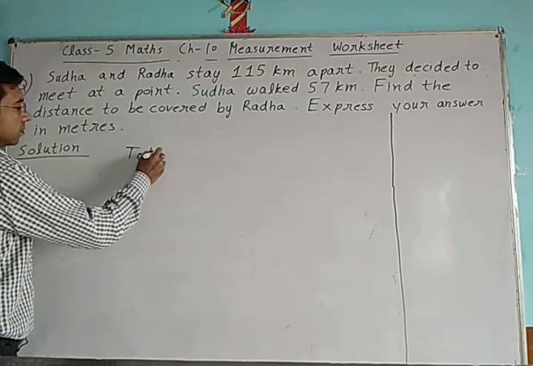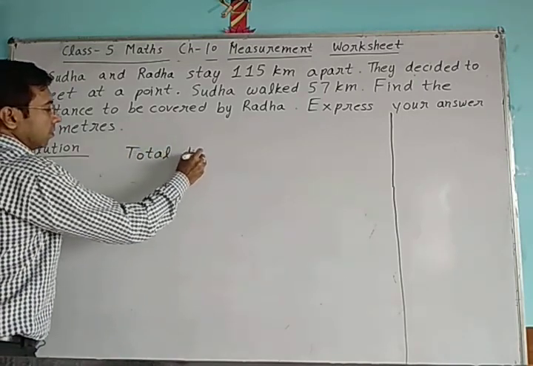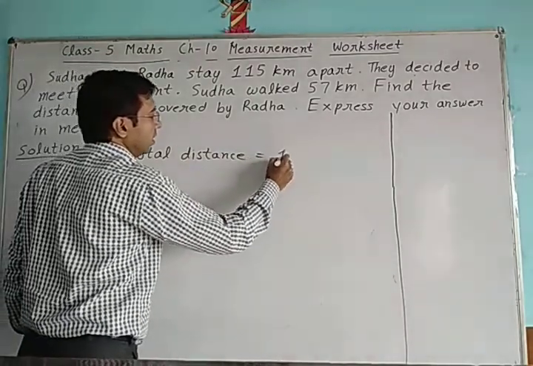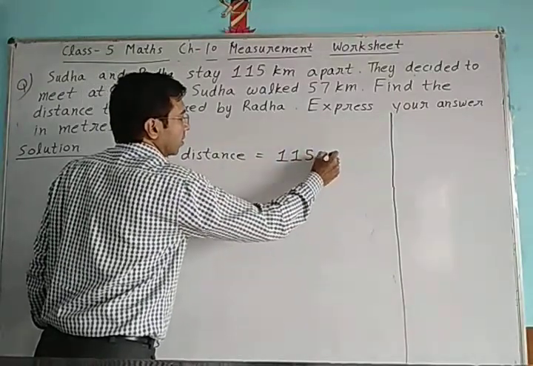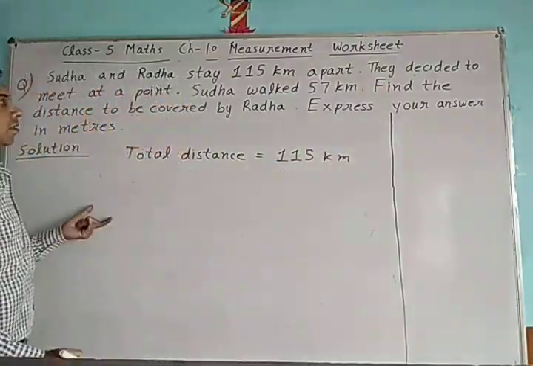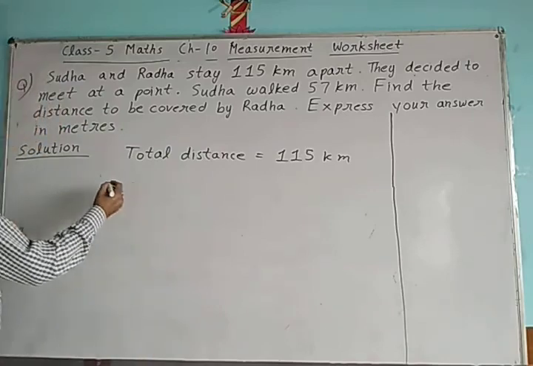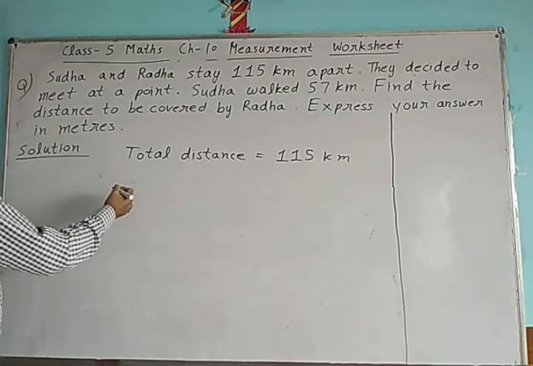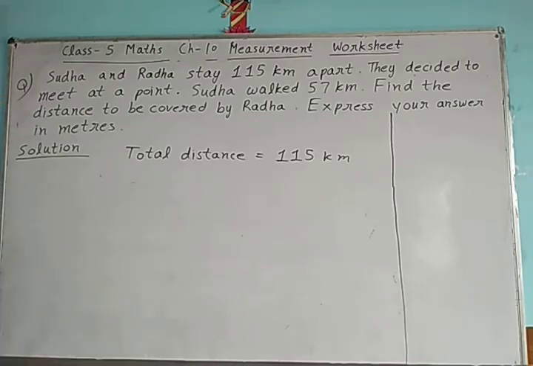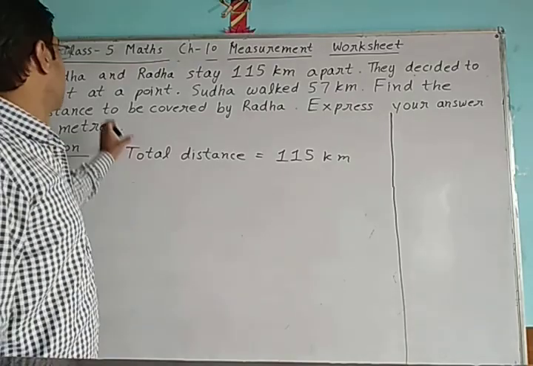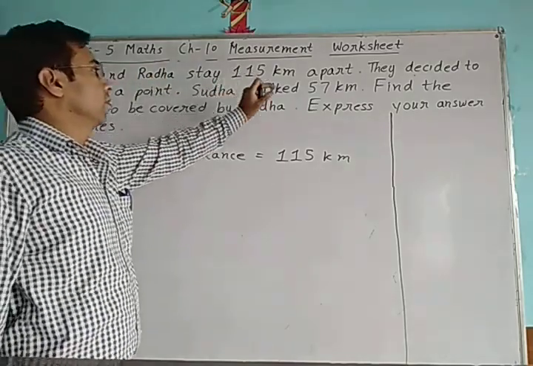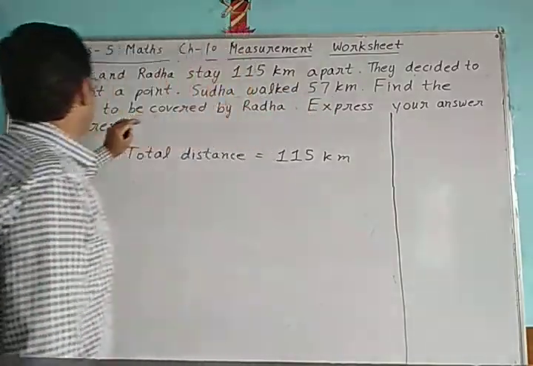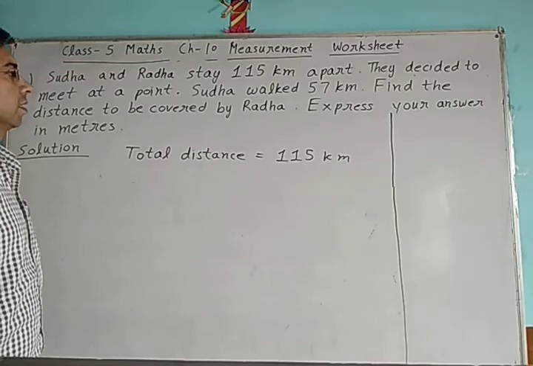Total distance 115 kilometers. Clear? And find the distance to be covered by Radha. Sudha and Radha stayed 115 kilometers apart. They decided to meet at a point. Sudha walked 57 kilometers. Find the distance to be covered by Radha.